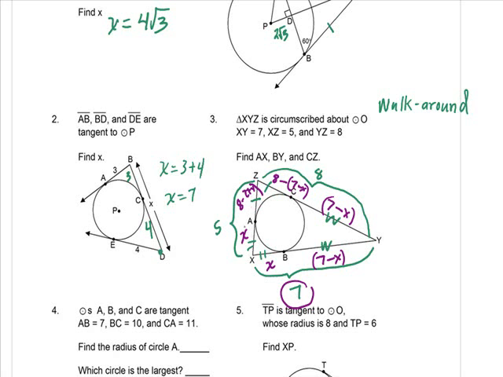So take the variable representation. We know that ZA is 8 minus 7 minus x, and that AX is just x, right? Those are going to add up to 5. Write that equation out and solve it, and you will begin to have the segments of your walk-around problem.